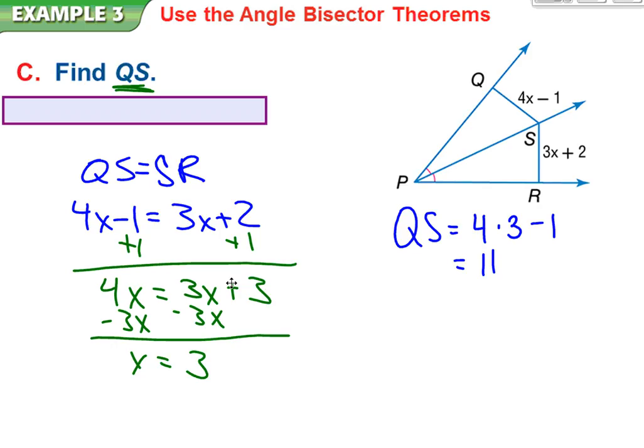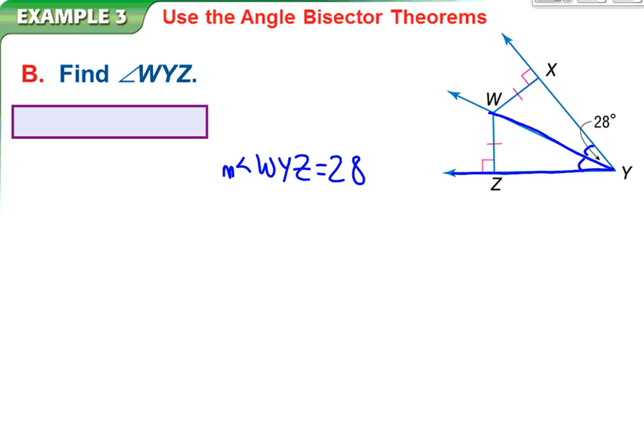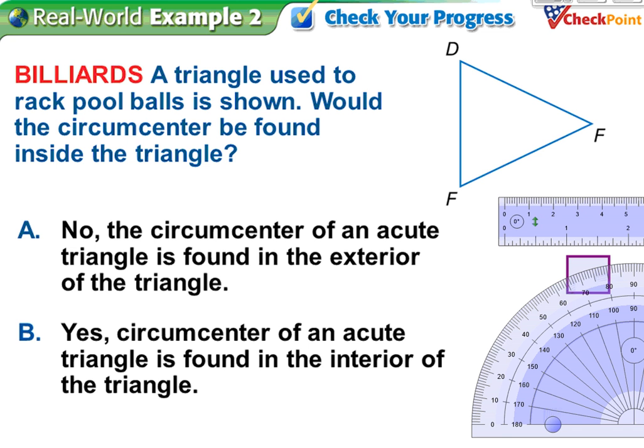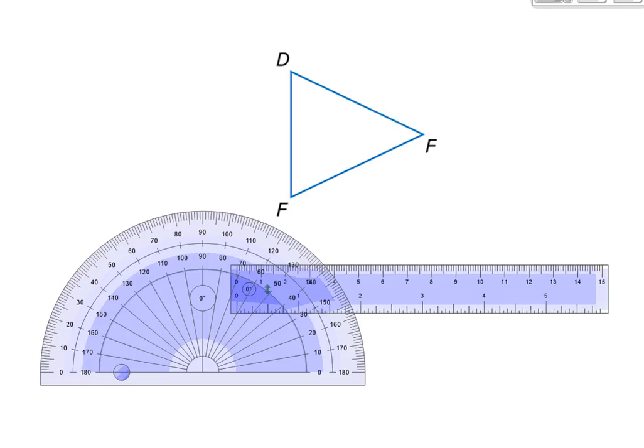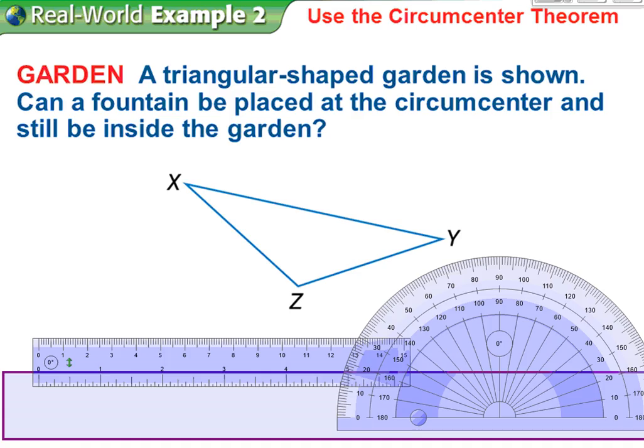Now, the next thing is I'm going to go back to number 2, and here is number 2, and you should have that picture in front of you. I'm going to pause my recording, and I ask that you do the same.